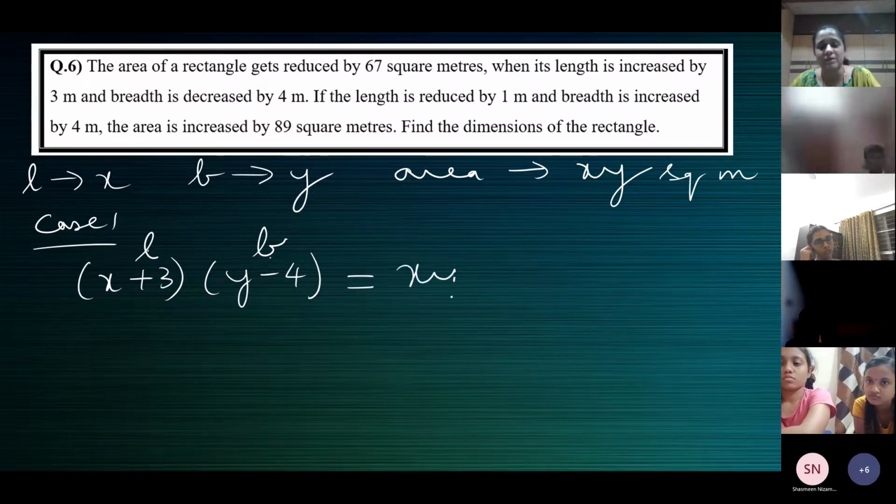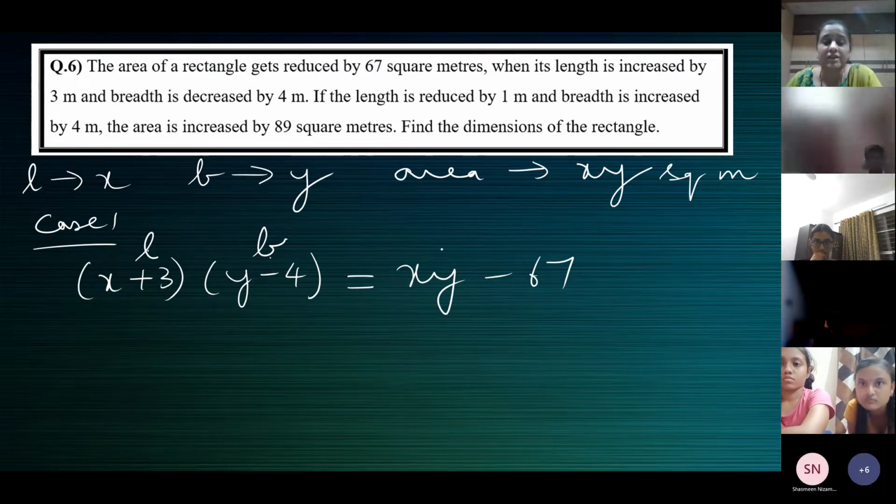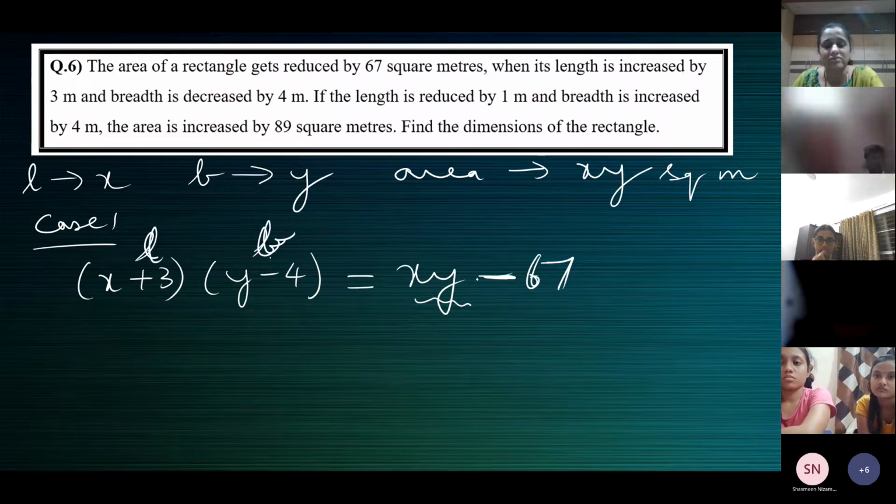It's the original area minus 67, because the area is reduced by 67 meters square. Area is reduced meaning whatever is the original area, that is reduced by 67 meters square. This is the first equation.